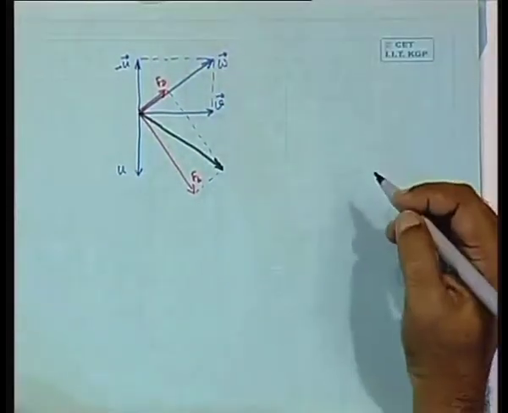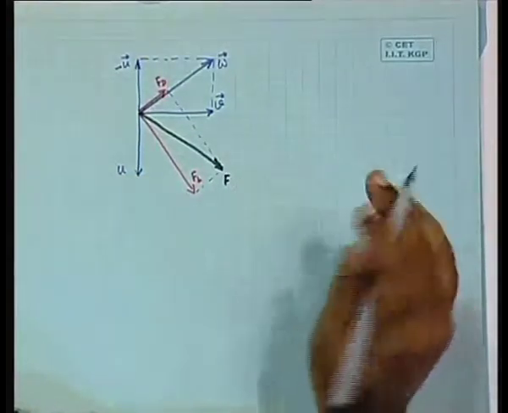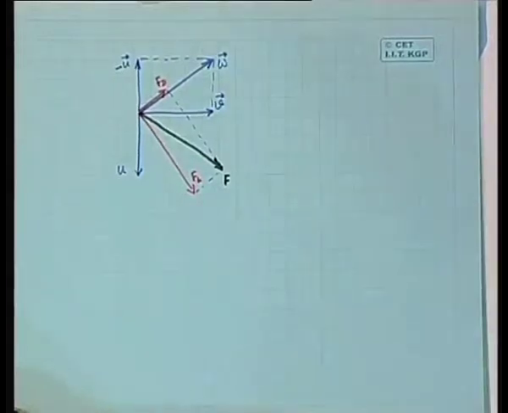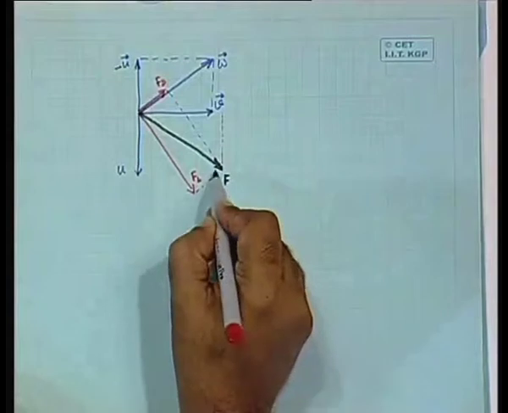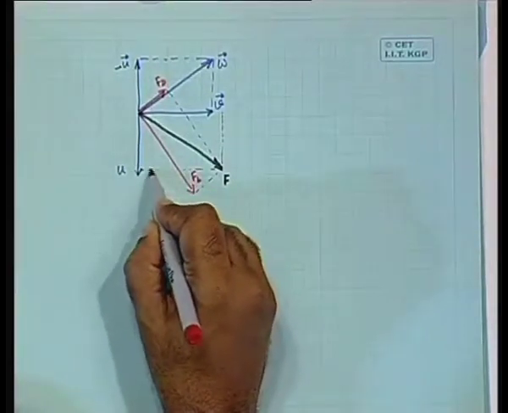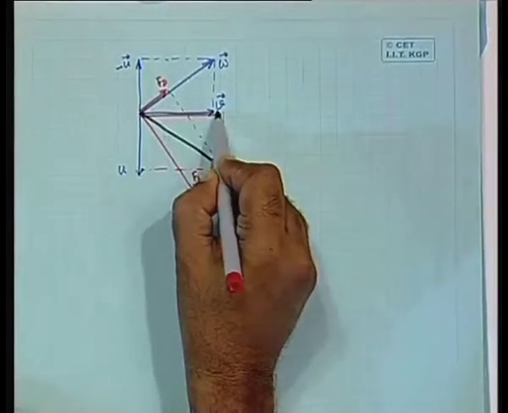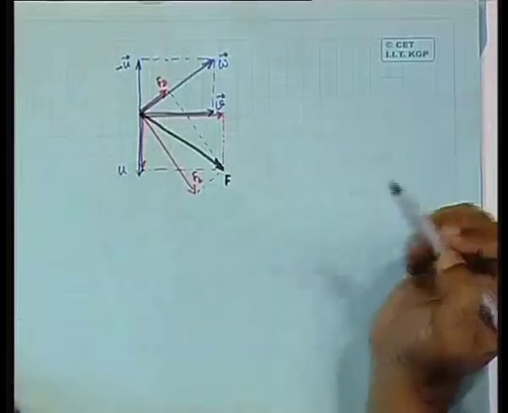Let us call it F, the total force. Now this will have a component in this direction and this direction. So there will be a component like this, and there will be a component like this.